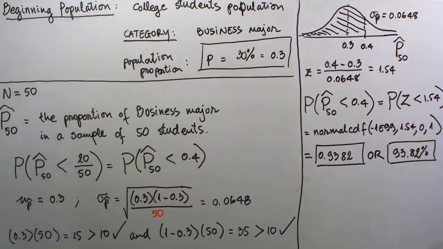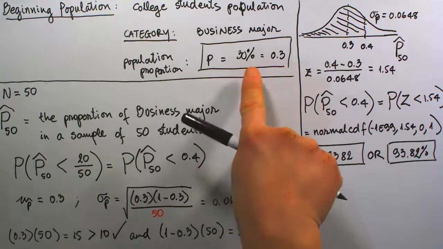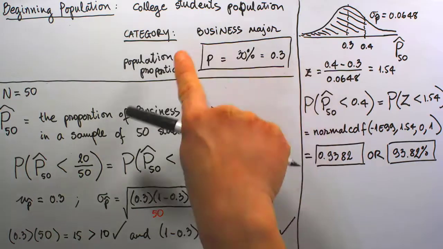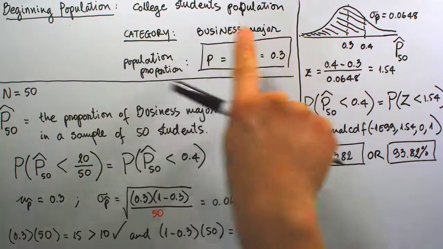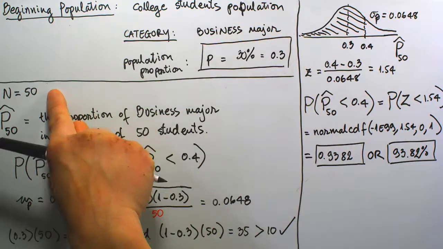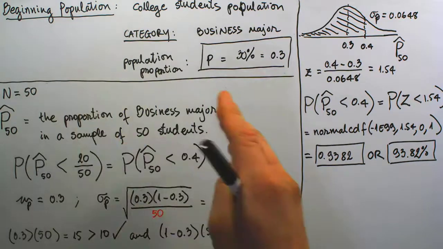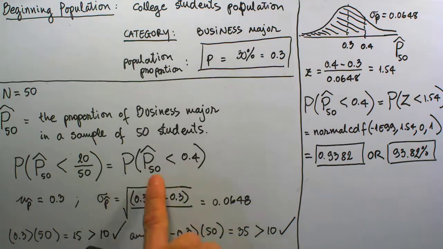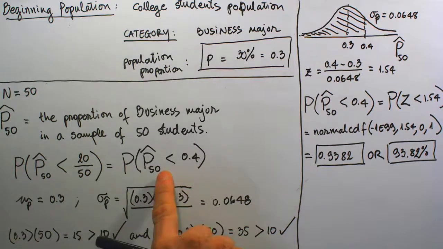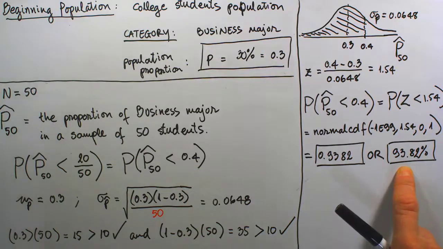All right, and so now briefly, as the meaning or interpretation of this final answer: provided that we already knew the population proportion for this category, being in a business major among the college students, then anytime we picked up a sample of 50 college students, the chance of finding less than 20 of the students being in business major, which is the same as the chance that our p-hat 50 is less than 0.4, is a 93.82% chance.